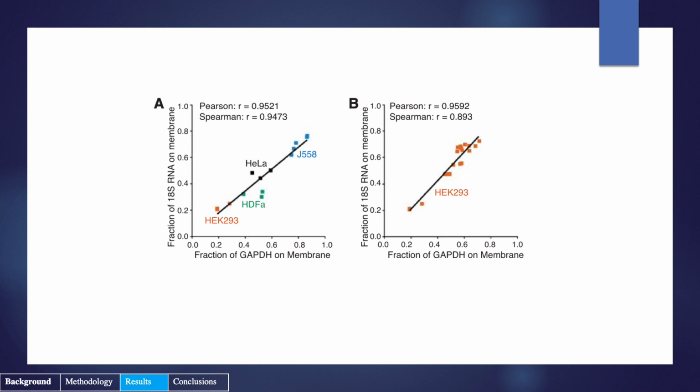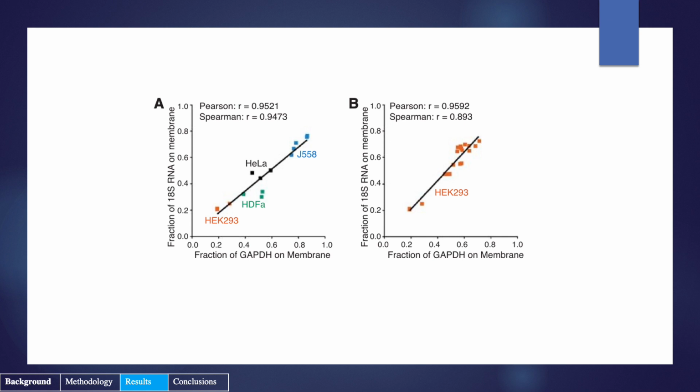So from both these correlations, you conclude that the subcellular distribution of GAPDH encoding mRNAs is linked to subcellular ribosome distribution, which itself is determined by the amount of endoplasmic reticulum present in a given cell.